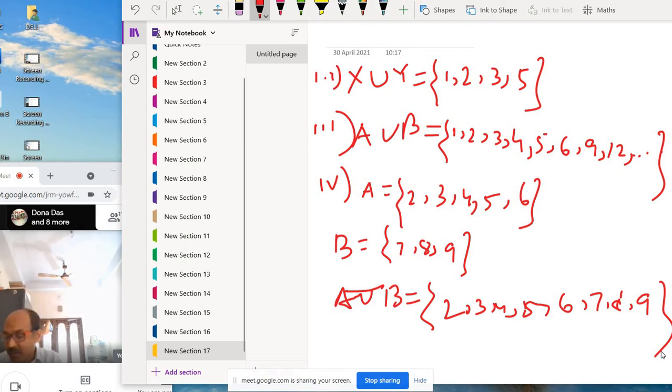Then question number 5. A set is {1, 2, 3}, three elements, and B is the null set. Null set means no element. So what is their union, A union B?